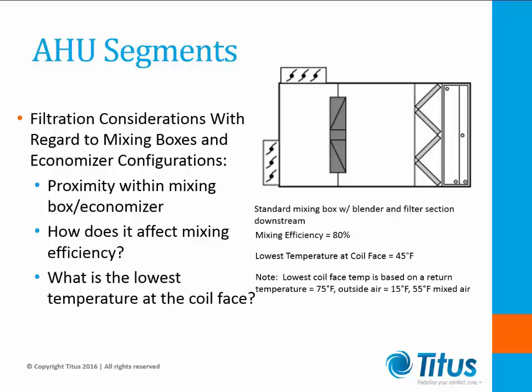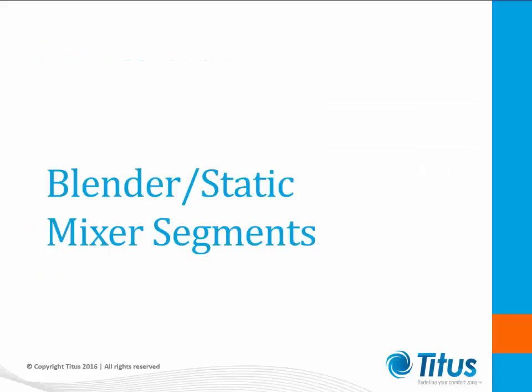Adding a blender section provides better mixing and diffusion across the filter and the coil downstream. Though preferred, incorporating blenders and filters into a unit may put a squeeze on space availability in the air handling layout. As seen in the previous slide, the blender section can provide additional benefits to mixing boxes and economizers.